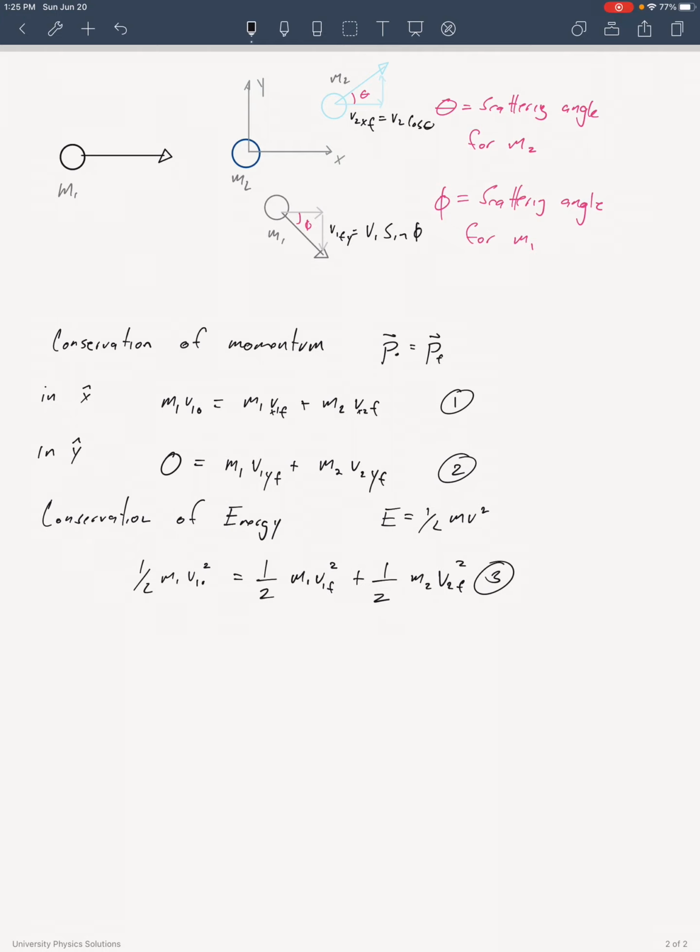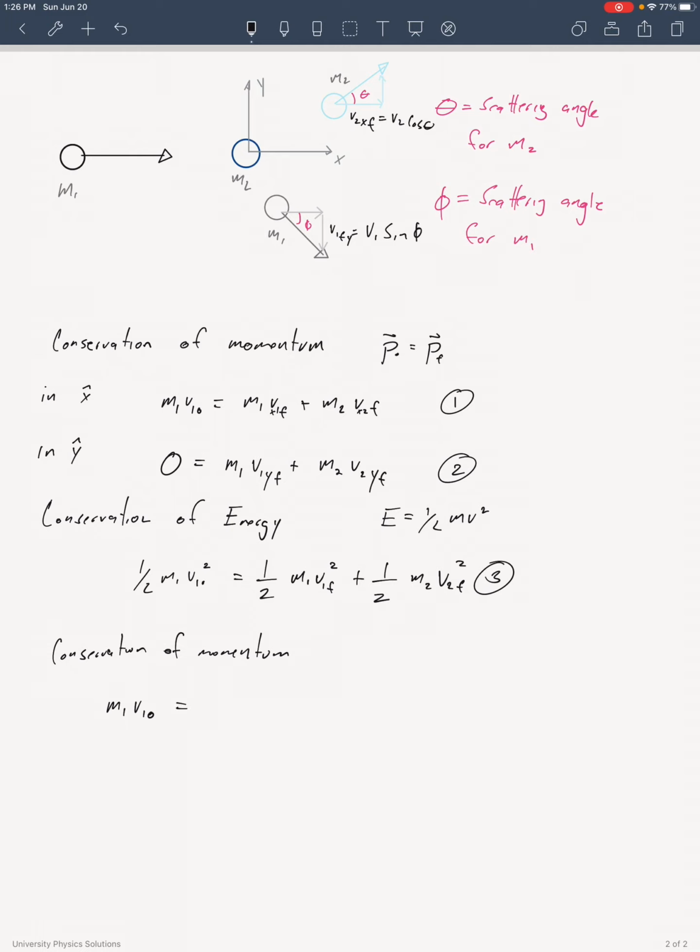So let's do that. So I will have, for again, my conservation of momentum will be m1 v1 0, and here I could say cosine of some angle, but it's all along the x-axis, so that's just the magnitude of the speed is equal to the component in the x-axis.